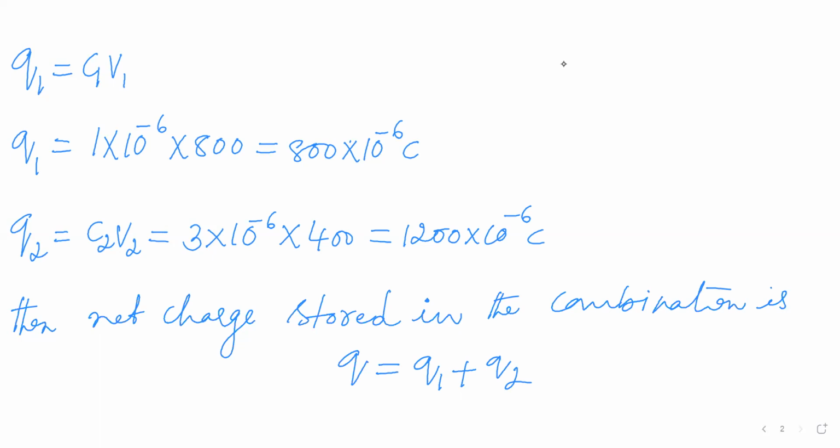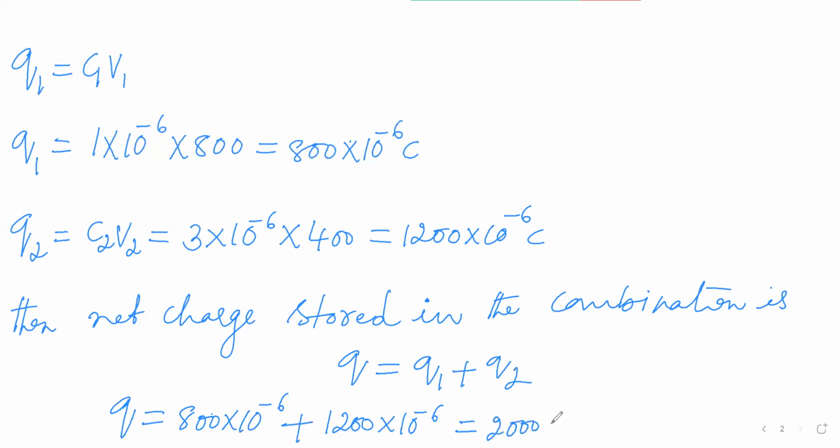Q equals 800 into 10 to the power minus 6 plus 1200 into 10 to the power minus 6. If you add together, 800 plus 1200 is 2000 into 10 to the power minus 6 coulomb. This is the total charge stored on the combination.